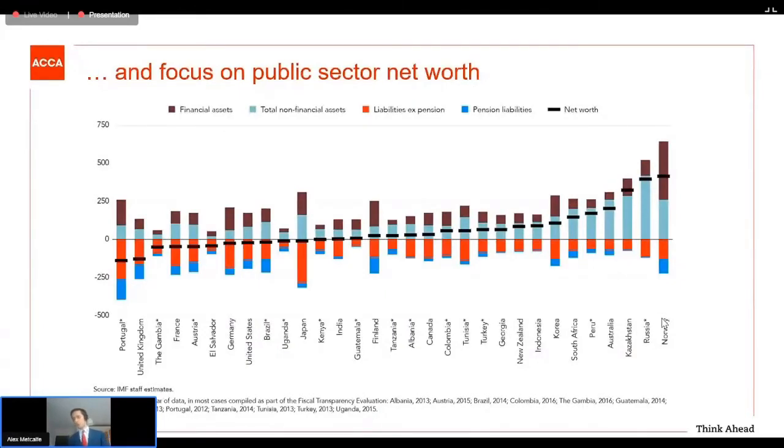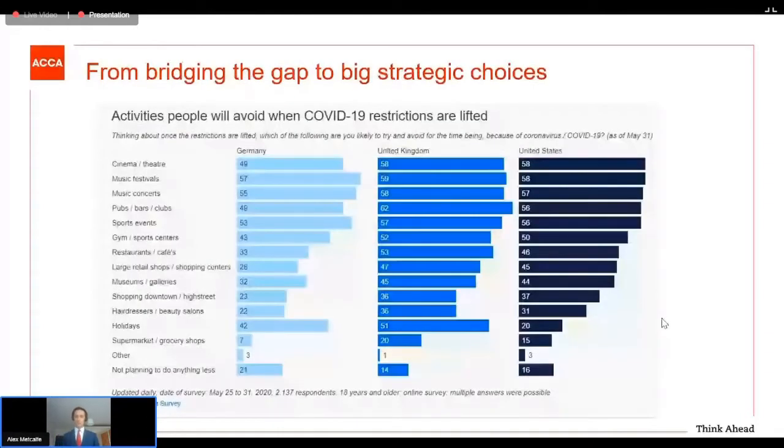as we move away from what might be called just bridging the gap in this initial response, trying to maintain the productive capacity of our economies, to the point where we're actually thinking much more strategically and trying to shape our future as well. And that actually leads me to a final slide and more just an open question for us as we continue and we hear from other speakers and have a Q&A at the end, which is really transitioning towards this point in a journey through the pandemic of having to make some big strategic choices.